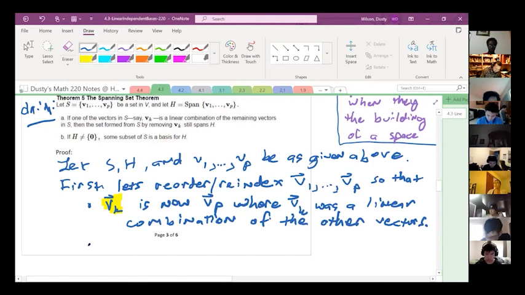And then the second thing we want to deal with in this is we want the vectors to be linearly independent until they become linearly dependent.